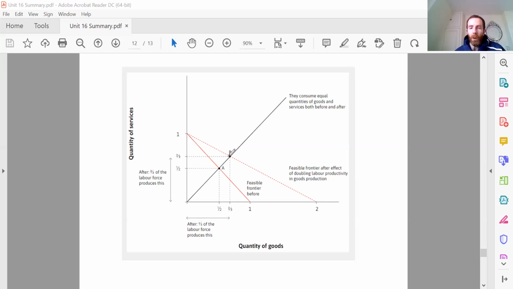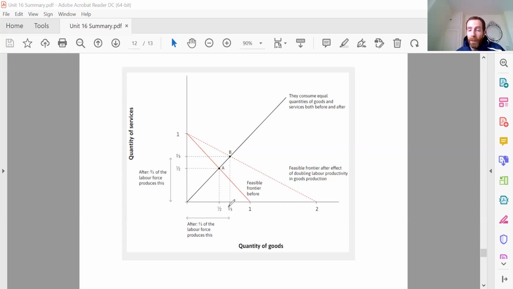But what does this mean in terms of the number of people who are now working in each? Well, before, when there were equal levels of productivity and we wanted the same levels of goods and services, you'd have the same number of people working in each. But now that there's higher productivity in the goods market and we still want equal numbers of goods and services, a couple of things happen.